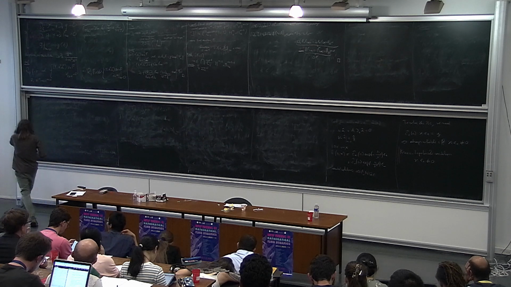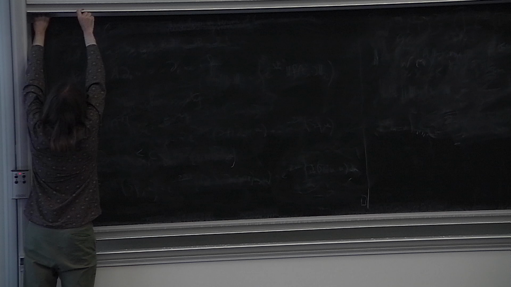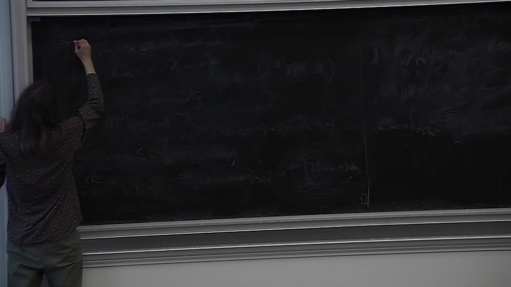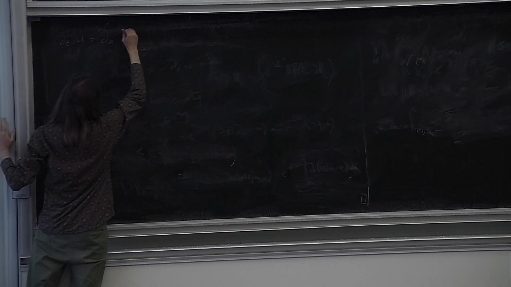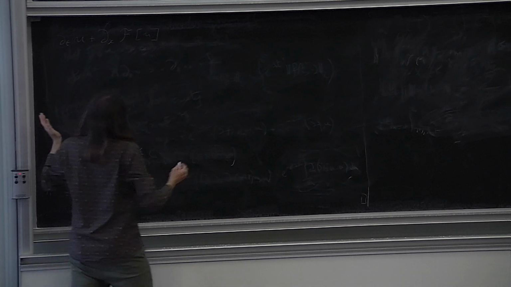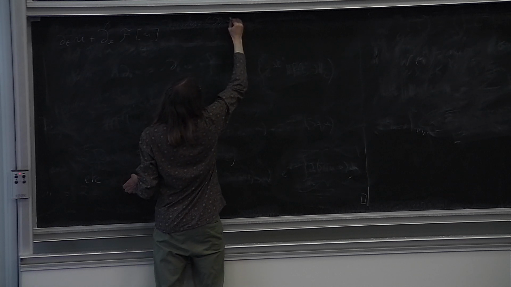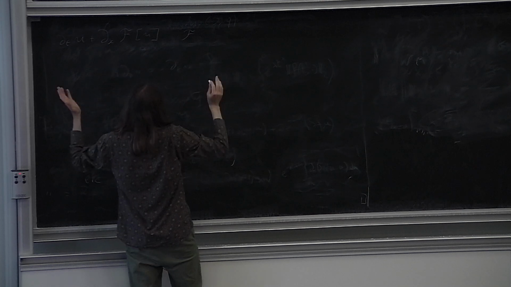So remember, if I want to write something with the shallow water equation, I can write the shallow water equation in a conservative law form, where I recall that U is zeta and Q, and the flux here is a local flux.